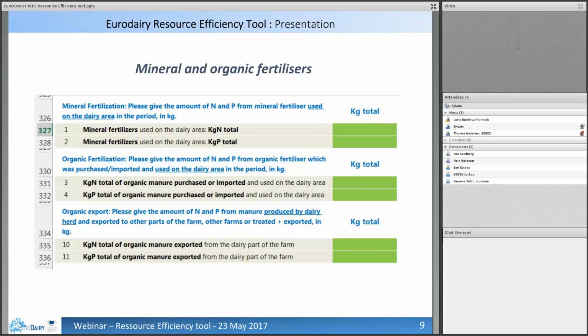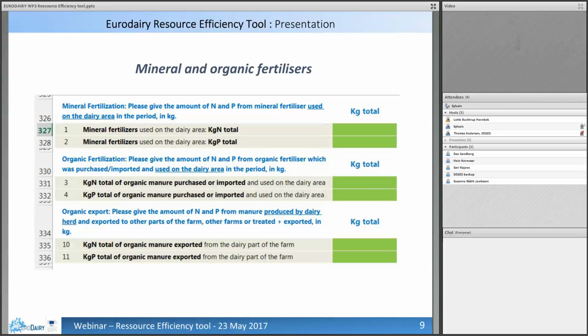You have the organic fertilization. It's the same kind of information. We need to know the quantity of nitrogen and phosphorus purchased or imported and used on the dairy area. It's not the nitrogen and phosphorus produced on the farm. It's clearly the nitrogen and phosphorus purchased or imported and used on the dairy area.